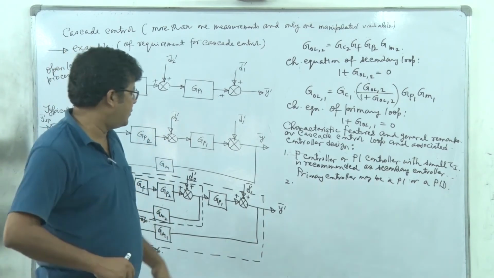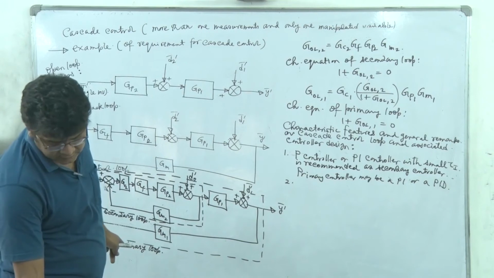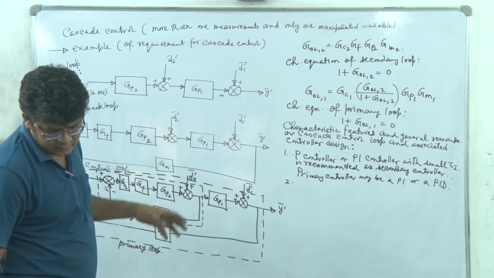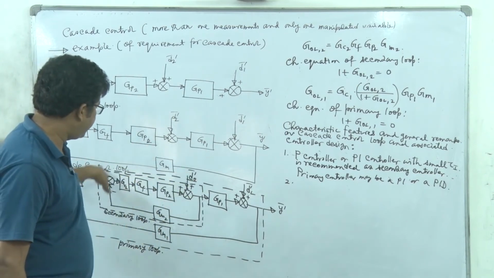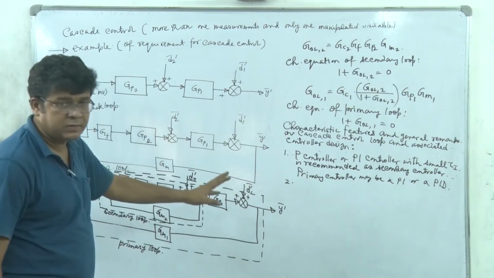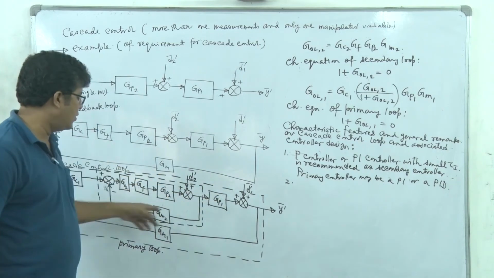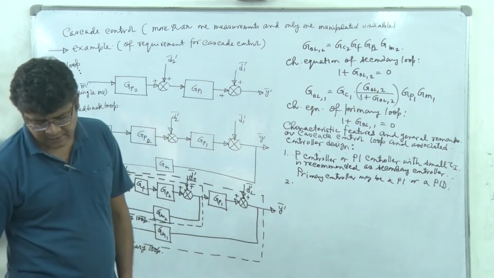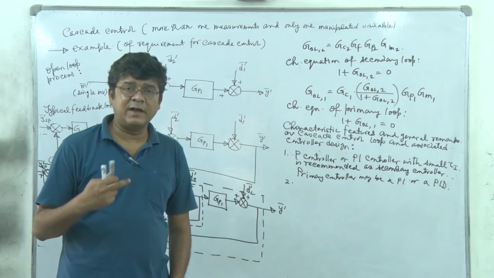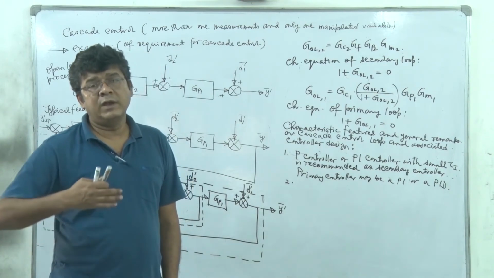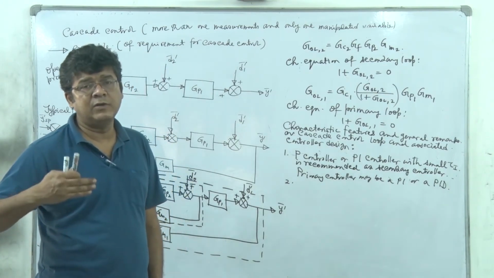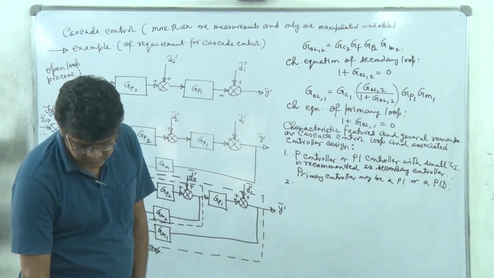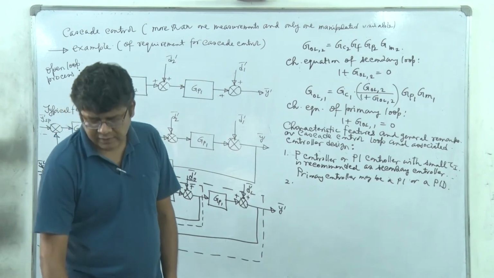Now the dynamics of this secondary loop, see, the dynamics of the secondary loop is much faster than the primary loop. Okay? And essentially what we have, that whenever it is much faster than the primary loop, we need a much higher value of crossover frequency, what we have discussed in the previous session.